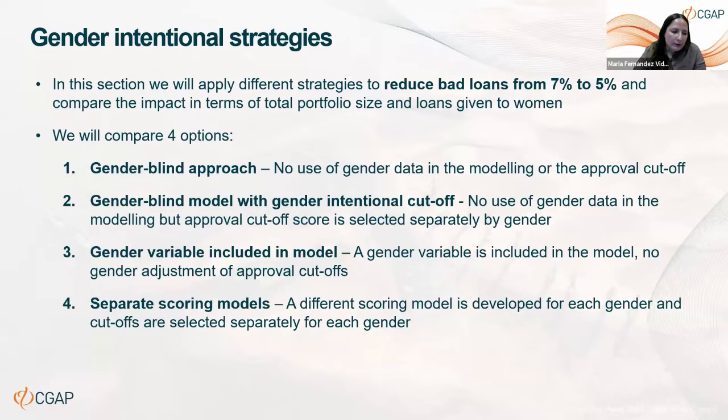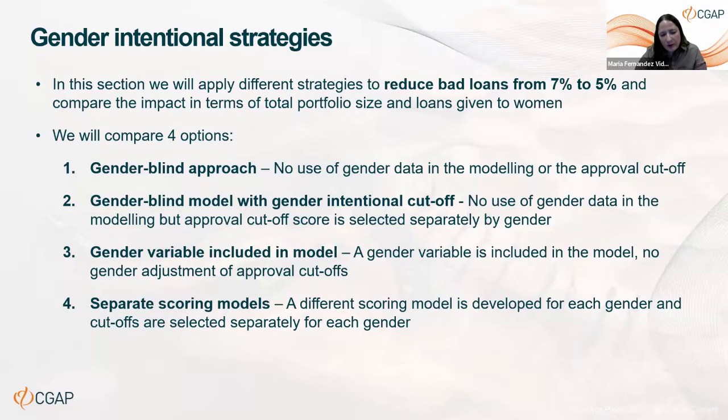And then number 4 is fully developing separate scoring models for men and women. So in that case, you would fully account for those differences because there's more flexibility for the model to pick different variables and different weights depending on gender. The caveat is that for number 4, you would need to have more data available because you need enough data to develop 2 scoring models, while in number 3, you're combining the data.